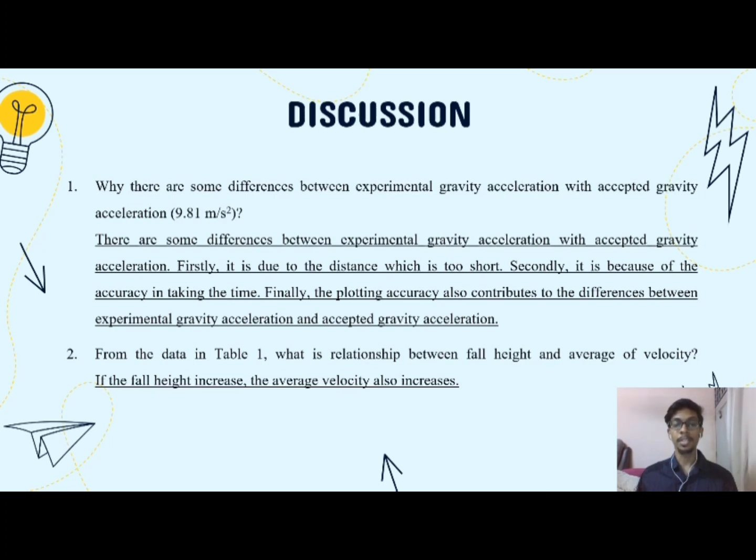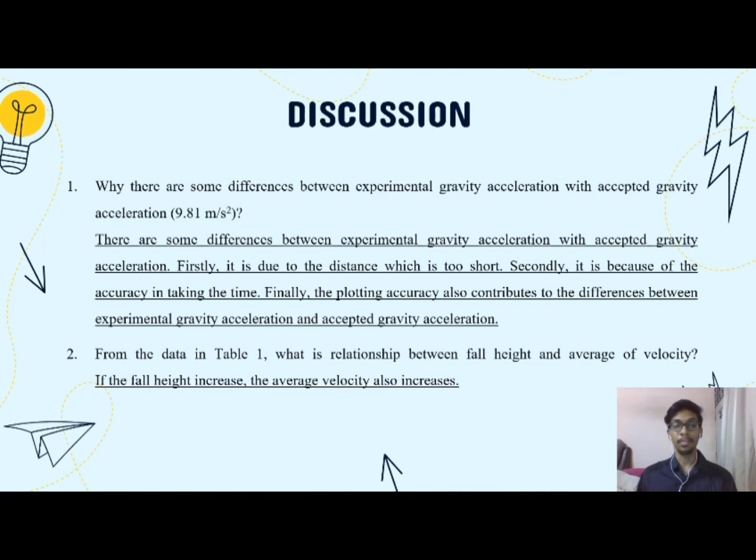Firstly, it is due to the distance, which is too short. Secondly, it is because of the accuracy in taking the time. And finally, the plotting accuracy also contributes to the differences between experimental gravity acceleration and accepted gravity acceleration.